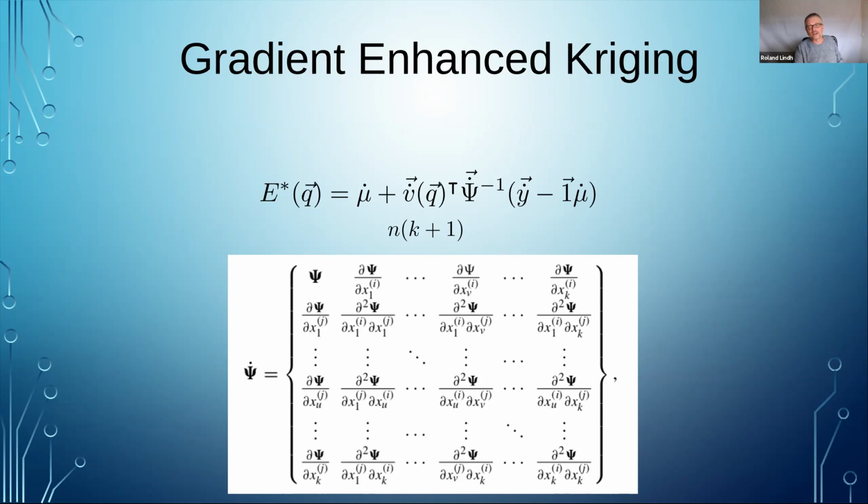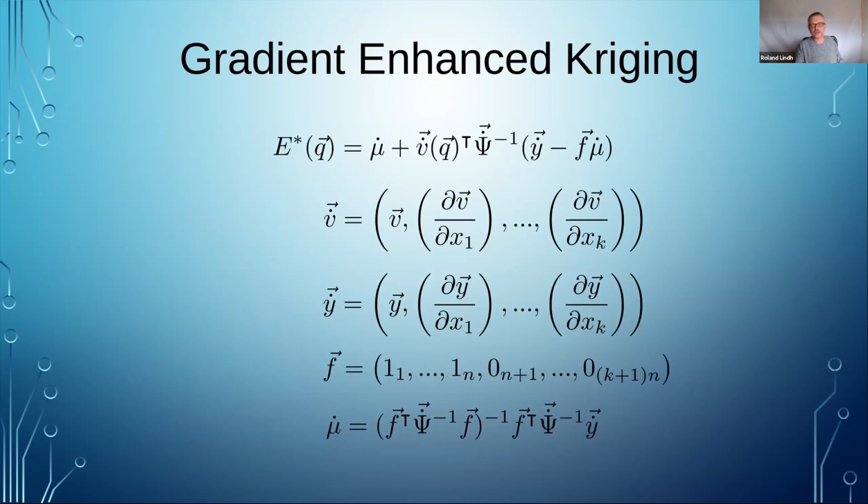Doing this, though, the computational expense increases, and in particular, this matrix goes from being n squared to n times (k plus 1) squared. This is something we can live with when we're doing geometry optimizations of molecular structures. If we would like to apply the method to optimizing, say, orbitals or any other wave function parameters, that would be a different case. So I'm just going to show you here, for instance, this vector. When we go over to the gradient enhanced Kriging, we include not only energies, but also gradients, etc.